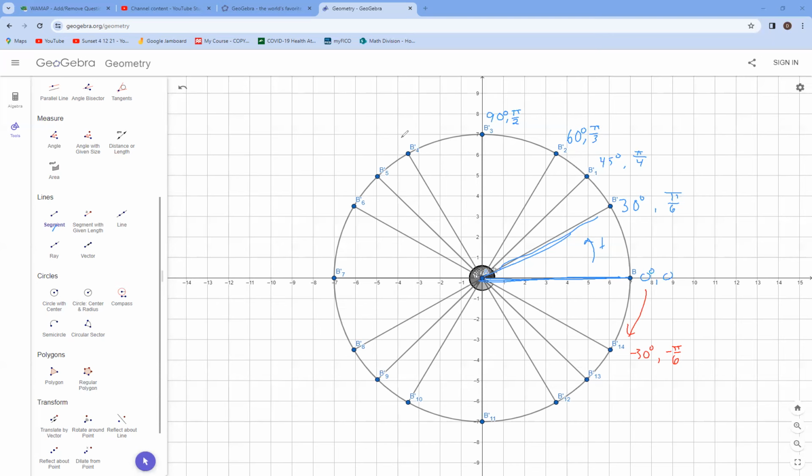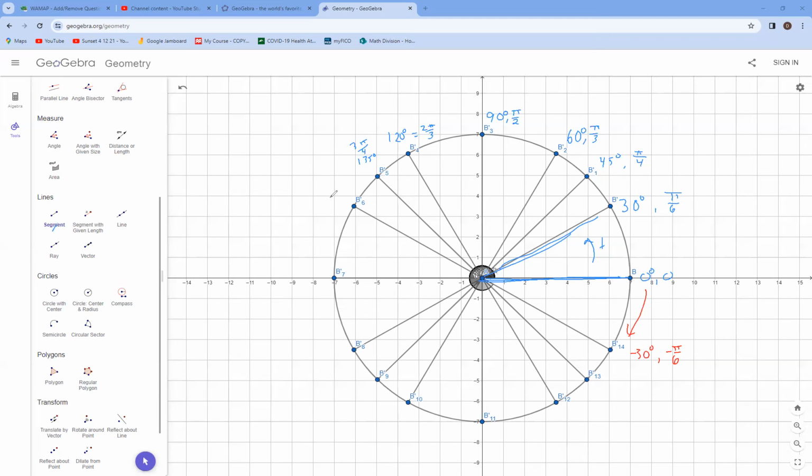This angle all the way up here is 120 degrees, or 2 pi over 3. Here is 135, 3 pi over 4.